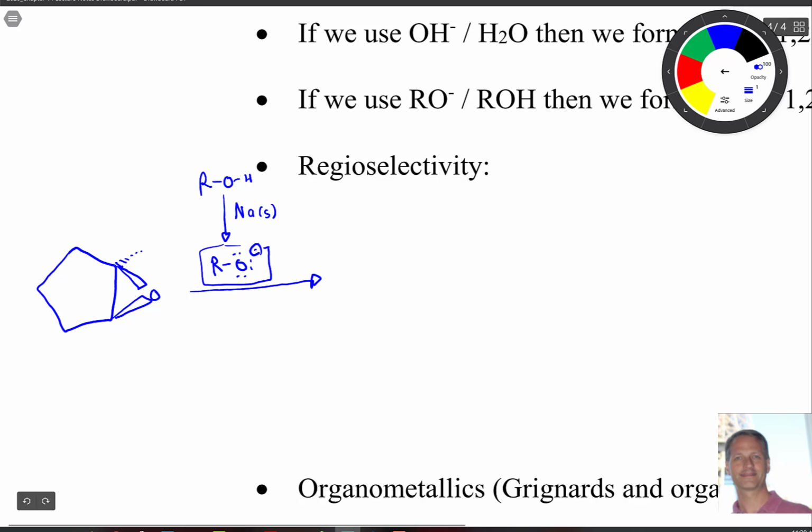Now, here's the deal. I want to point this out to you. We have a 3-membered ring, but we have no charge. So because there's no charge, we don't really have that delta plus director anymore. So what directs us here is sterics.